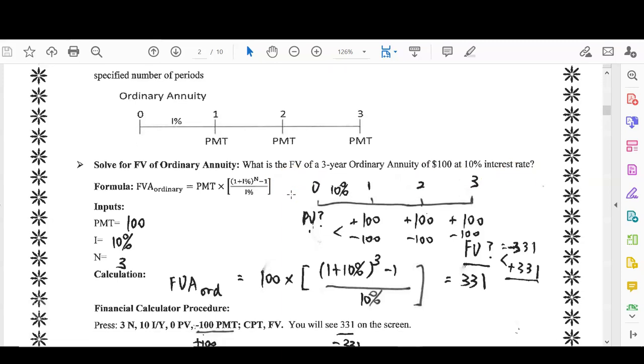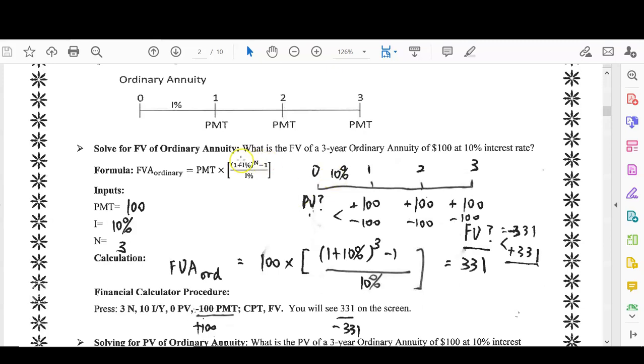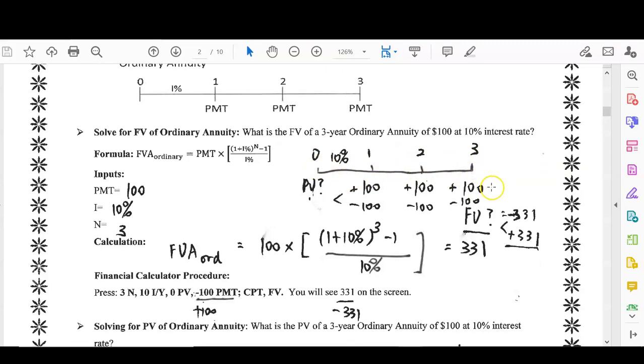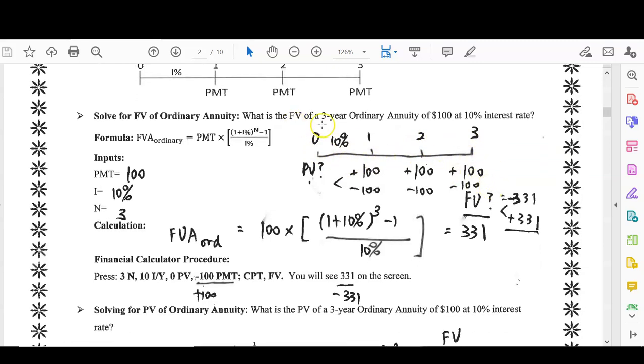So we can use the timeline we learned in the last video to draw the information here. So we can draw 3 periods from time 0 to time 3. We have 3 years shown in this timeline. And because we have a 3-year ordinary annuity, we can mark 3 100s.